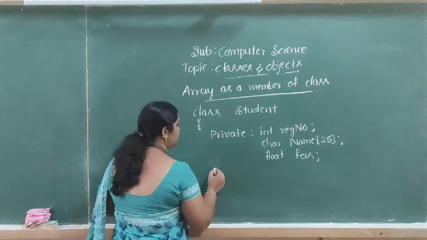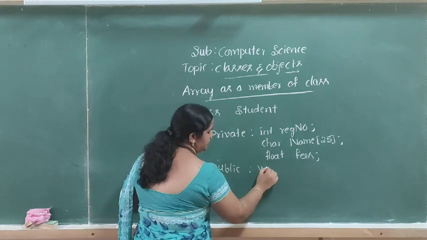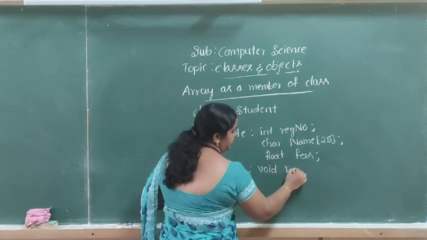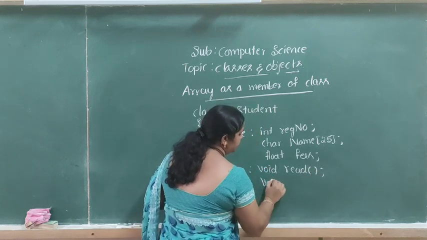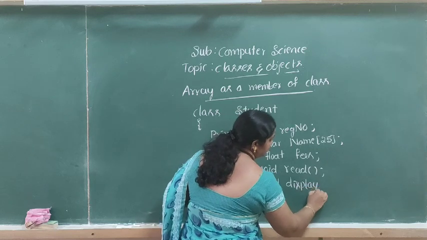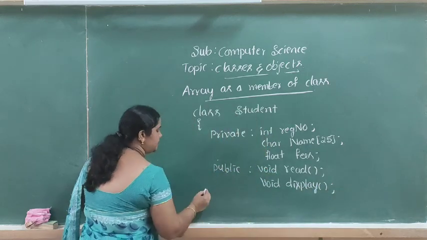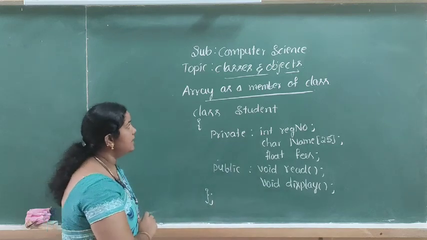It also contains the member functions read and display: void read and void display. Then the closing bracket, which must be terminated with a semicolon.